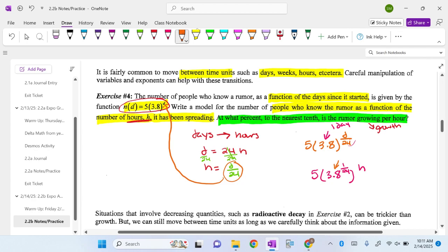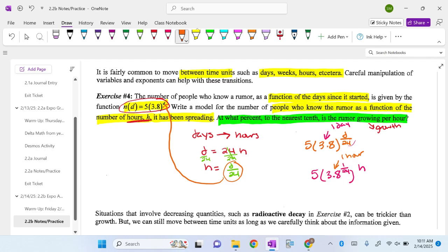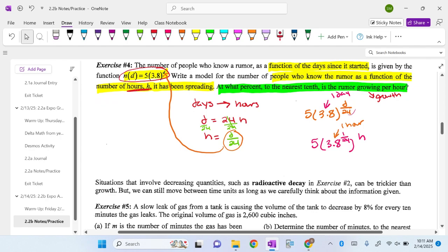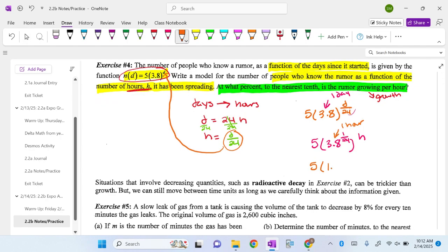This rate, 3.8 raised to the 1/24th, is over the course of 1 hour. That's what they want to know. All right. So if we put that in our calculator, we should get 5 times 1.06 raised to the H.